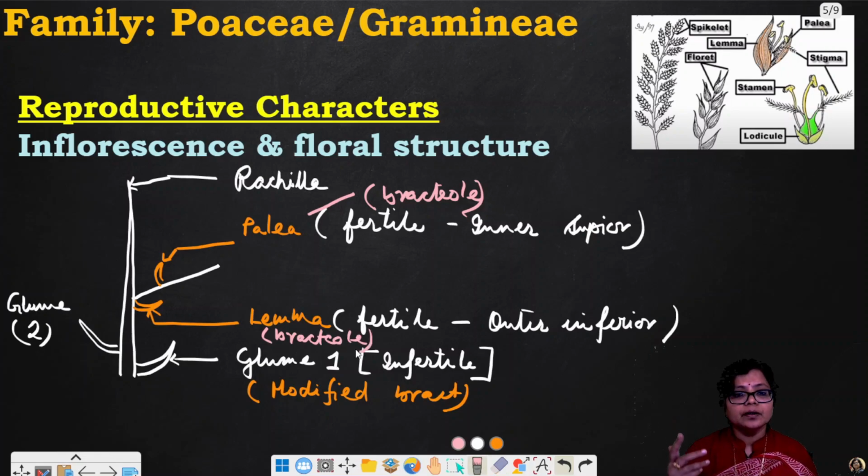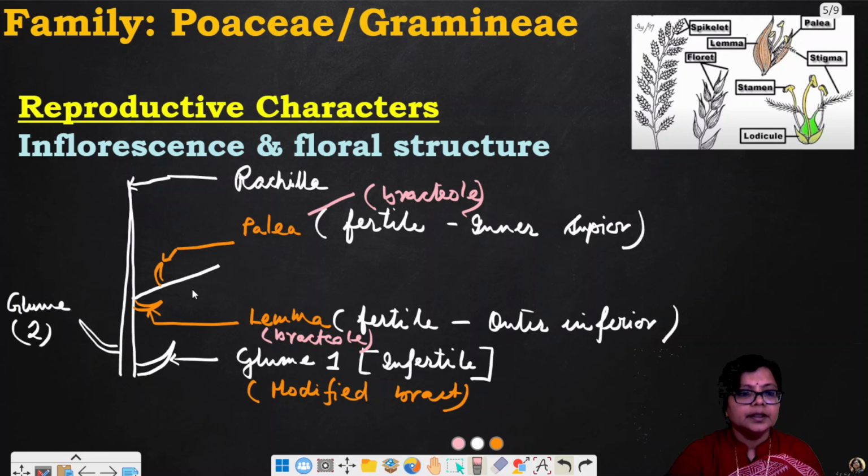Now tell me what is bract and what is bracteole. Bract is a modified leaf and bracteole is also a modified leaf, but in its axil a single floret or many florets may develop. Okay.